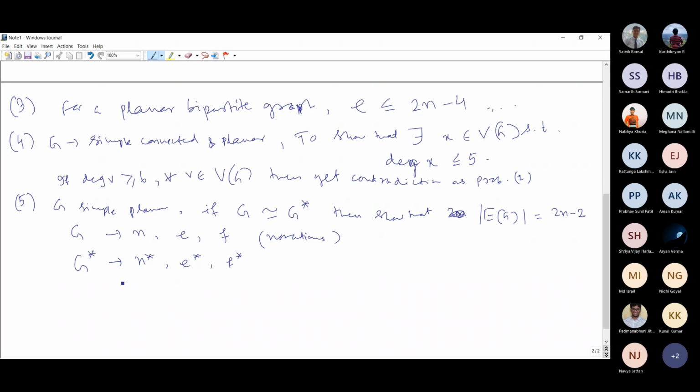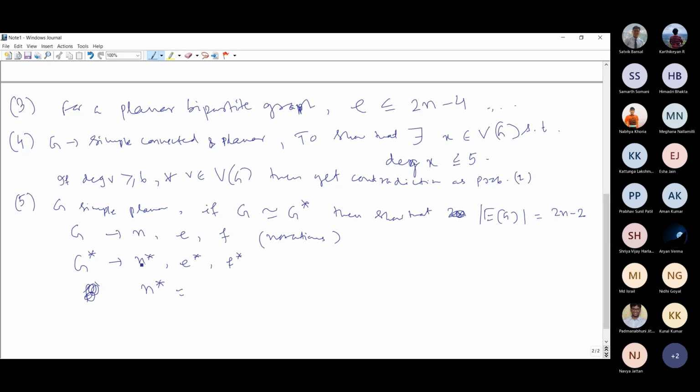So if G is planar, then G star is also planar, by exchanging vertices and faces. How are these numbers related? What was n star in terms of parameters of the graph G?